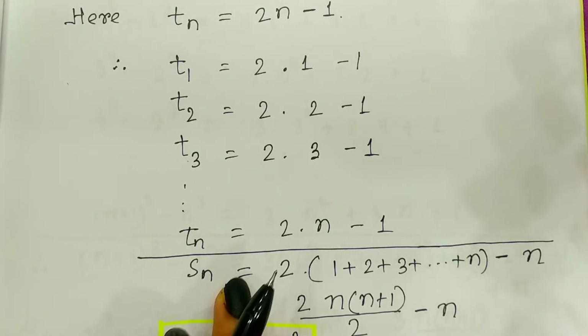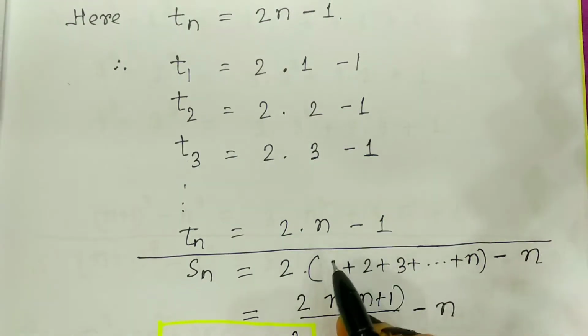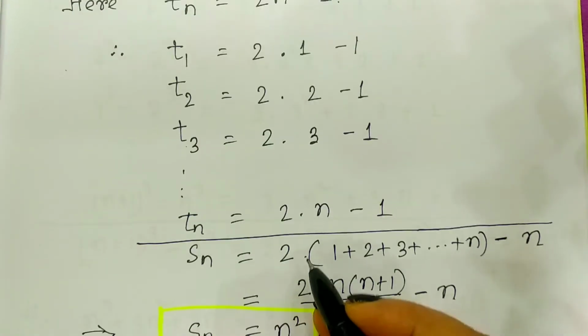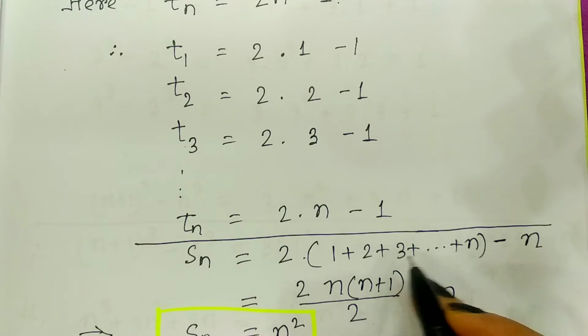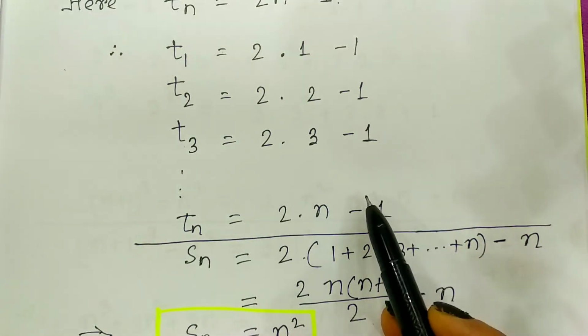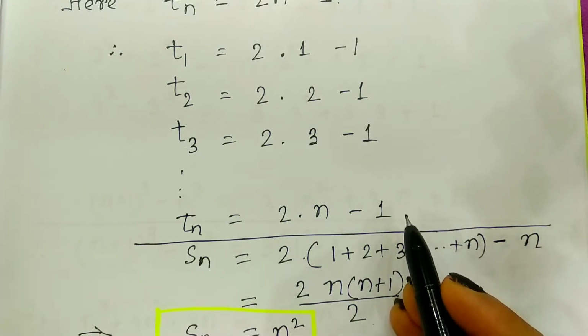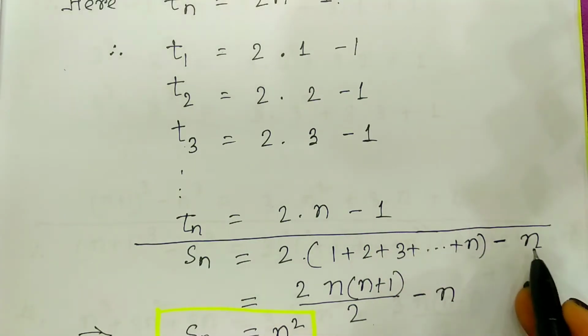Now if we add all these terms, we will find our desired Sn. After adding all this, if we take 2 common, it remains 1 plus 2 plus 3 in this way up to n. And here all the time we have minus 1, n times. So if we add all those, we find n times 1, so it is minus n.